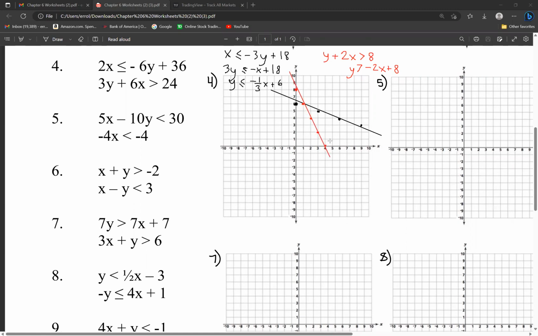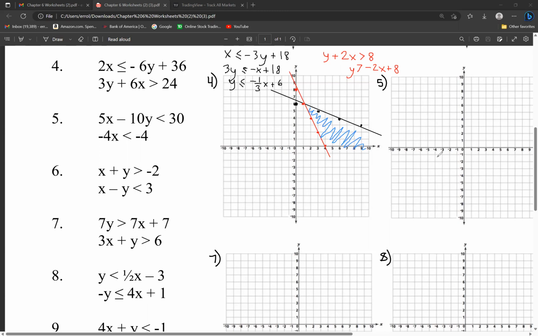Above. Okay, so where am I going to shade in? It's above the red line and below the black line, right? Yeah. So it'll be this part, all this stuff right here.